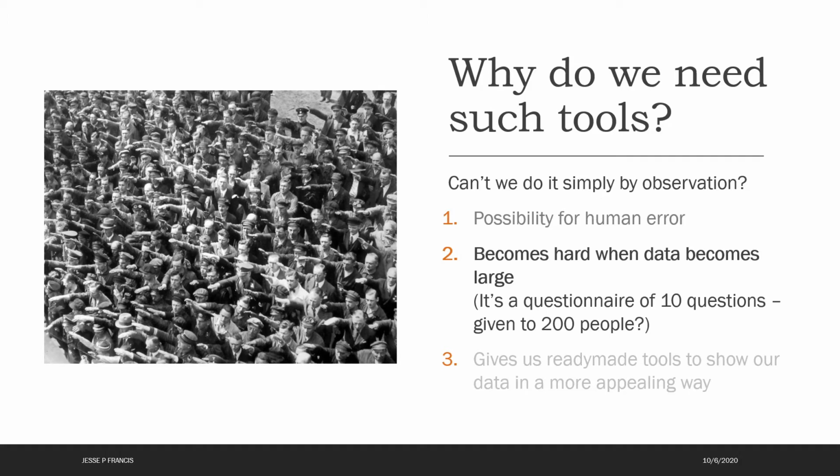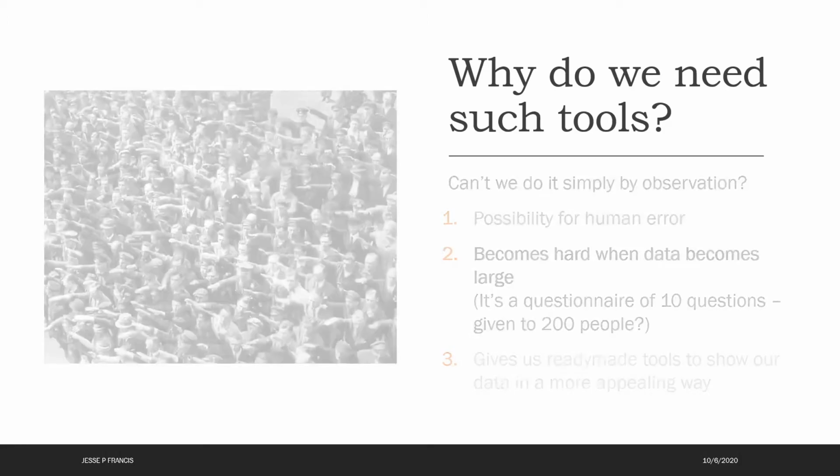That's small, right? But what if we give it to 200 people? We have 2000 responses to deal with, and that becomes very huge to deal with by bare eyes. That's why we need tools like statistics, which will help us crunch those numbers, that is, deal with those numbers in a better way.